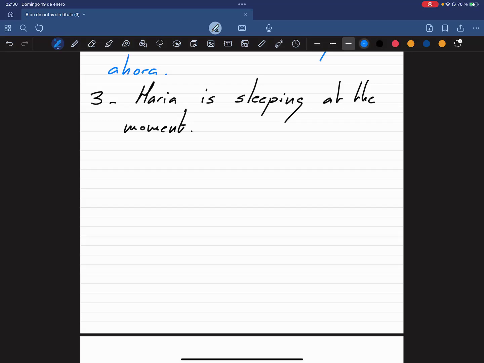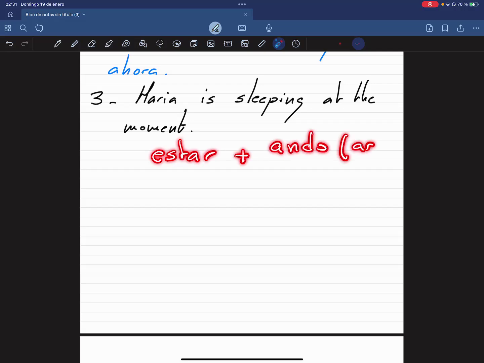This is one of those examples of an ongoing action. You are using the verb to be plus an ing. And in Spanish, that is always estar, immediately followed by ando if it is an AR verb, or yendo if it is an ER or IR.